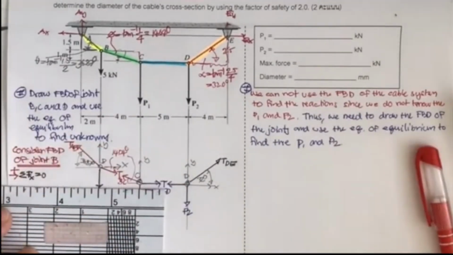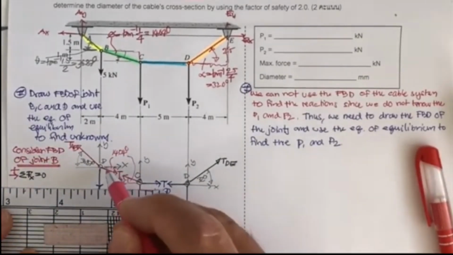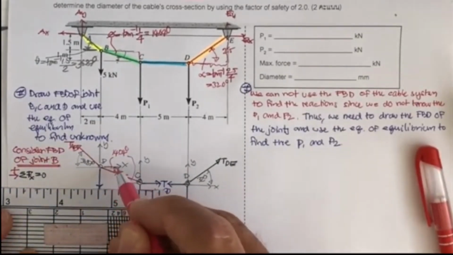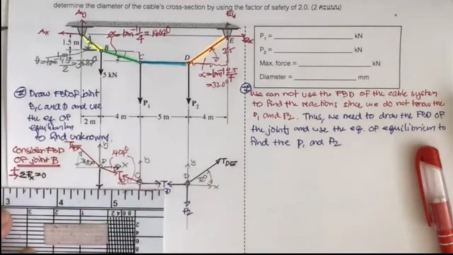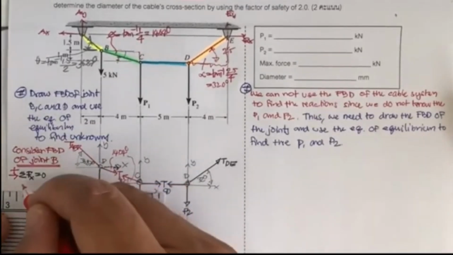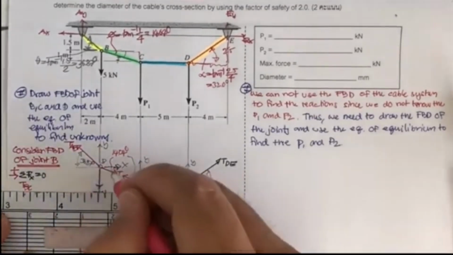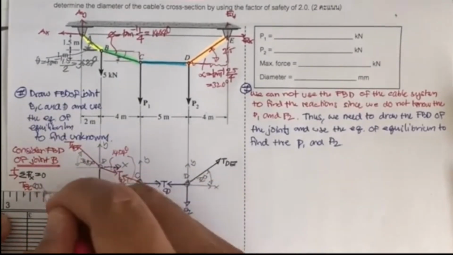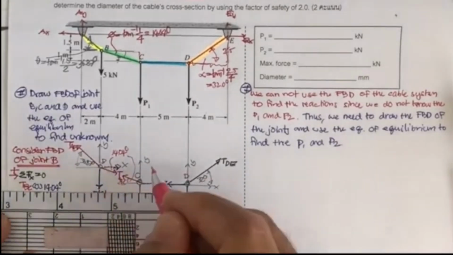So summation of F sub x equal to 0, and if we put this as positive, what we get is we're going to have T sub BC, and if we project it horizontally, it's going to be positive. The T sub BC is going to be cosine of 14.04, and it's going to the right.